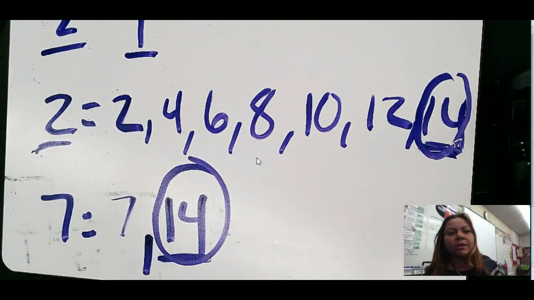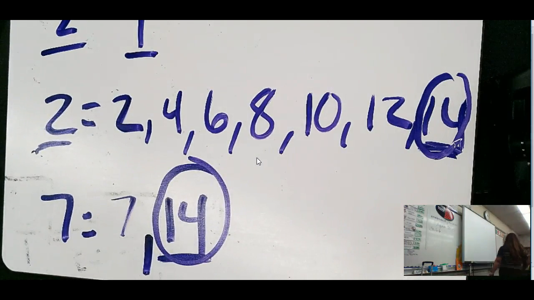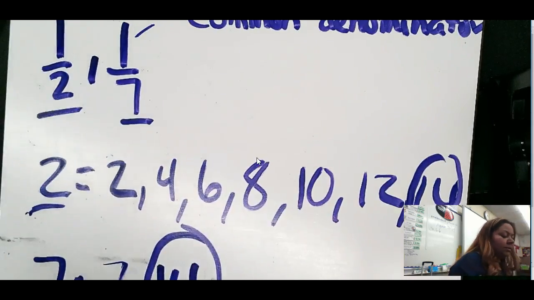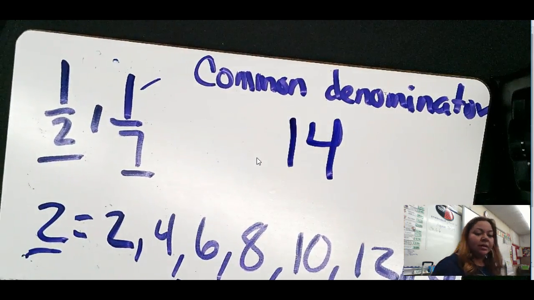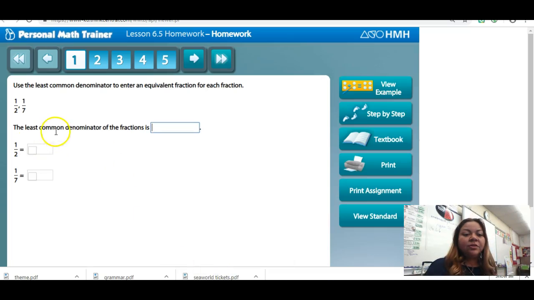All right, so moving on. I'm going to erase my work. I'm just going to write here, my common denominator is 14. And if you see one of the questions here in Think Central, the least common denominator of the fraction is 14.